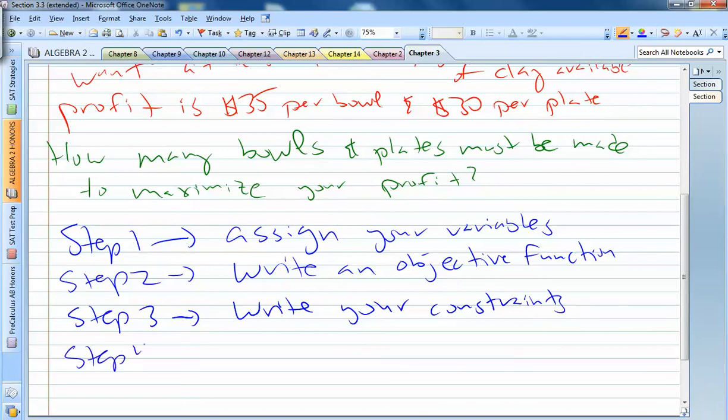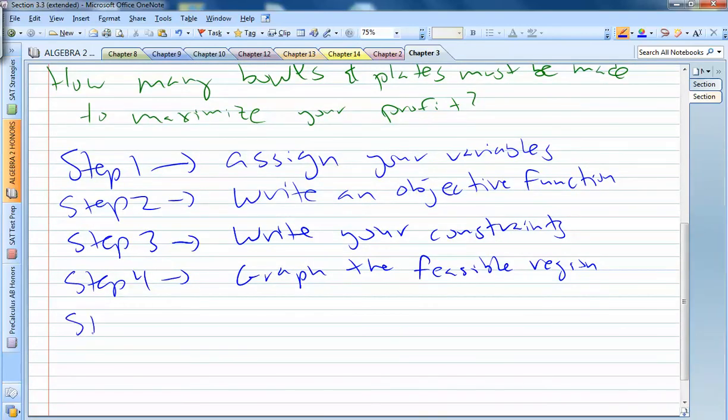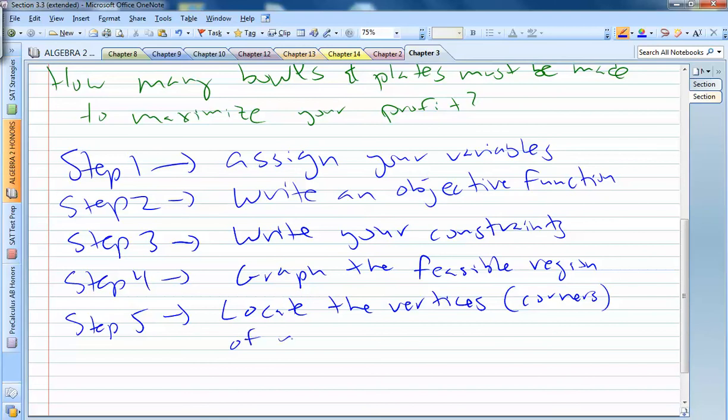Step 4: graph the feasible region. Again, this does seem a bit complicated. We'll explain that as well. Step 5: locate the vertices. That'll be the corners of your feasible region.